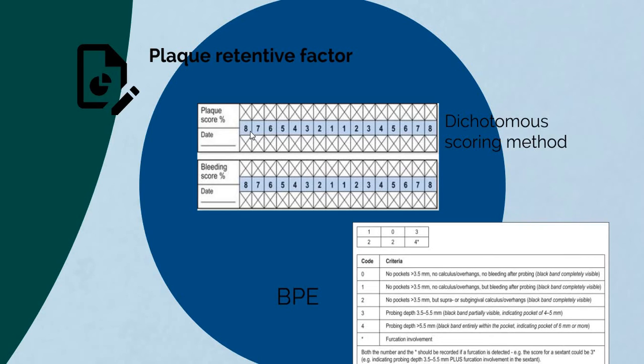And also in the intraoral examination, we should check the dentition through a specific scoring method, which is the basic periodontal examination, in which we have 5 codes, each of them indicating a specific condition, and we will talk about the basic periodontal examination later.